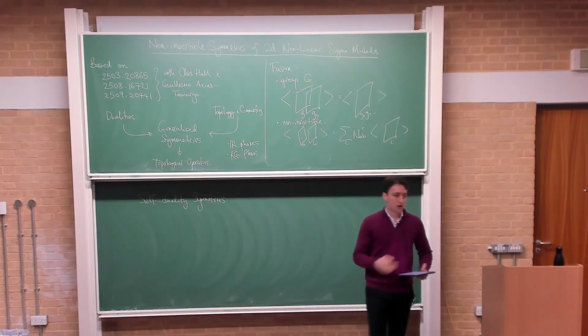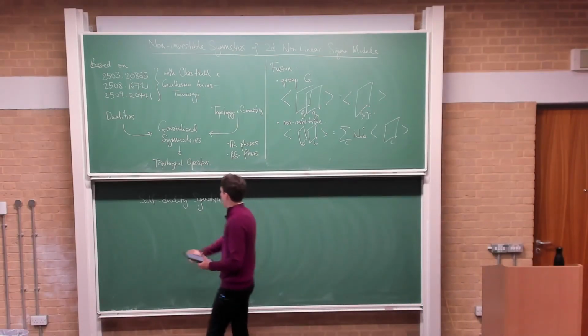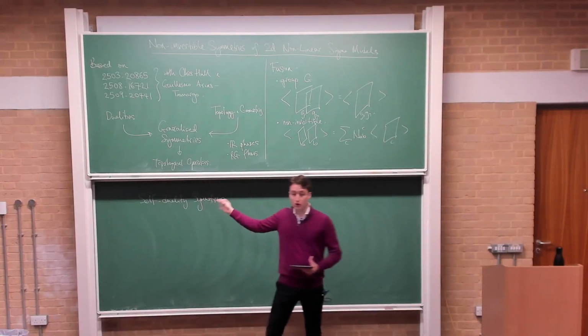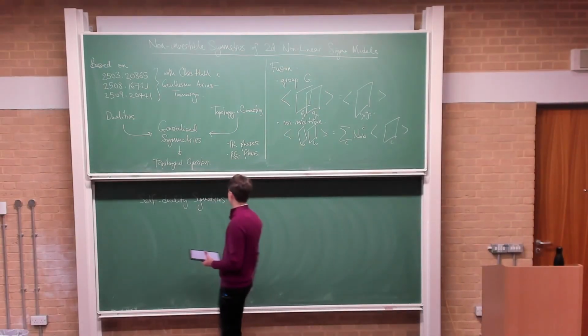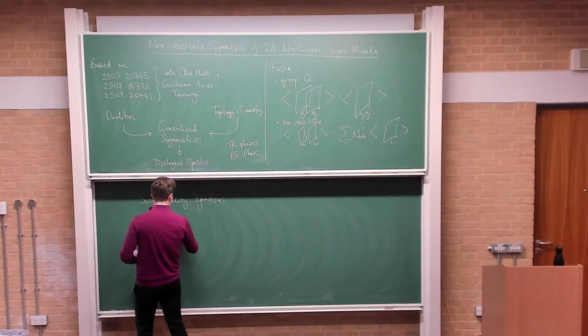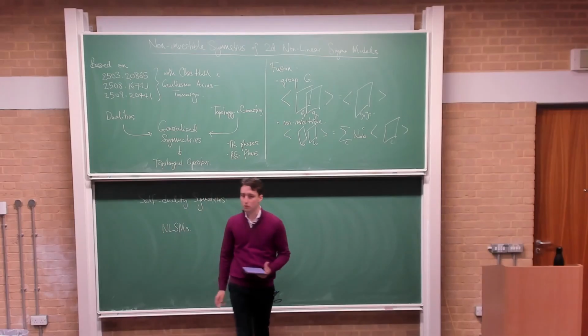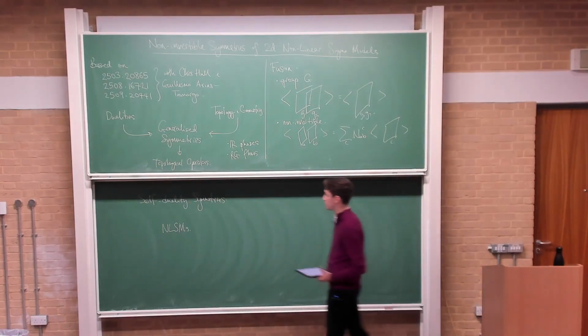So by way of a plan for the next hour and a bit, I'll start by discussing this construction at length, in particular in the example of the compact boson, so that we have a level playing field to start with. And then I will discuss nonlinear sigma models in 2 dimensions with Wess-Zumino terms and their symmetries, their normal group-like symmetries.